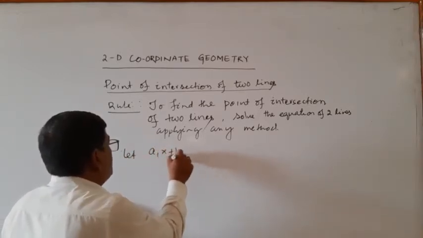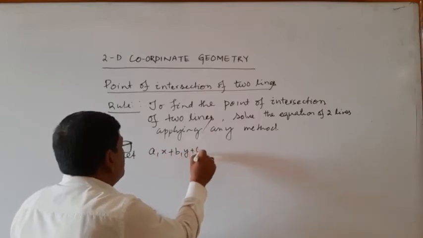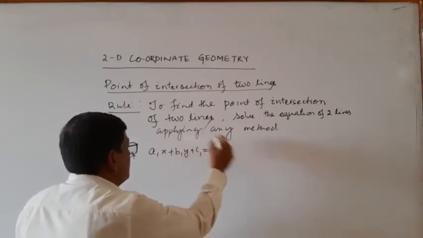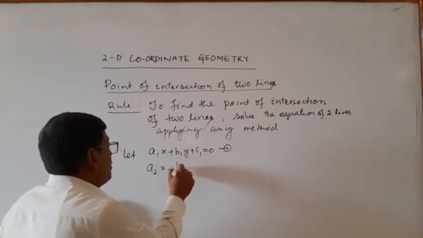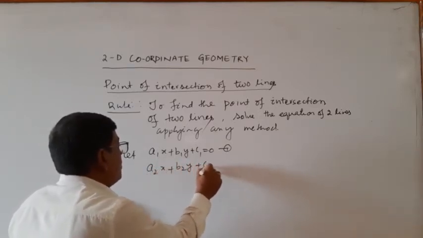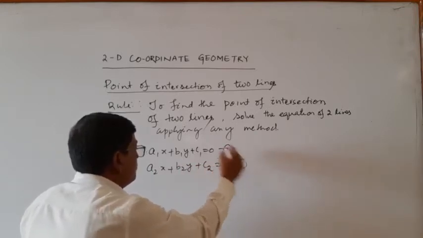a1x plus b1y plus c1 equal to 0, equation 1, and a2x plus b2y plus c2 equal to 0, equation 2.